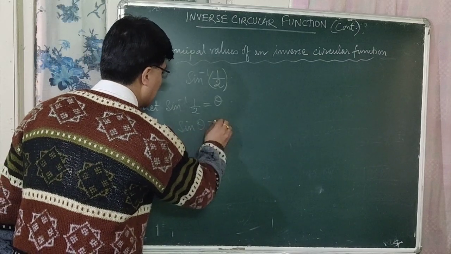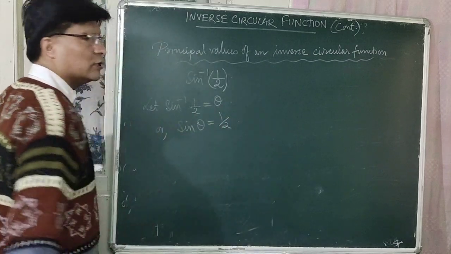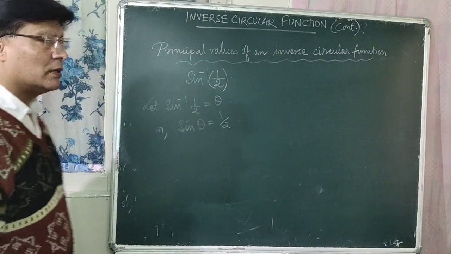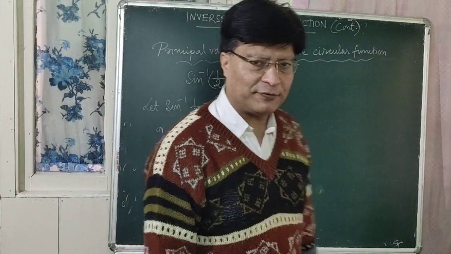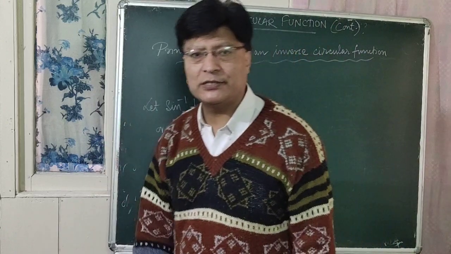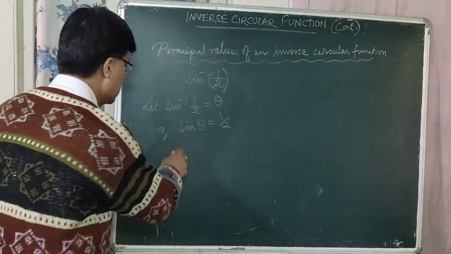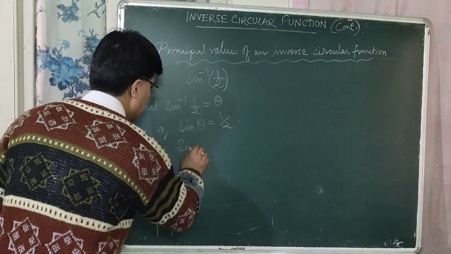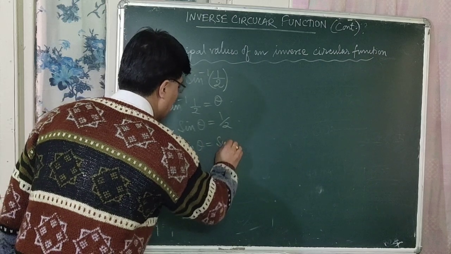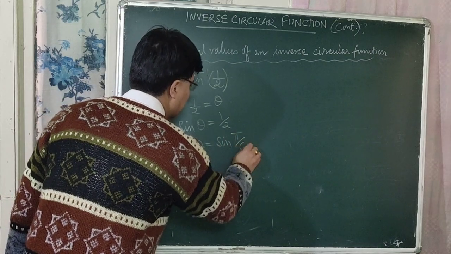So, sine theta is equal to half. So, how can you get its value? Sine of which angle is half? Sine of 30 degrees is half, isn't it? That is, sine theta is equal to sine pi by 6.